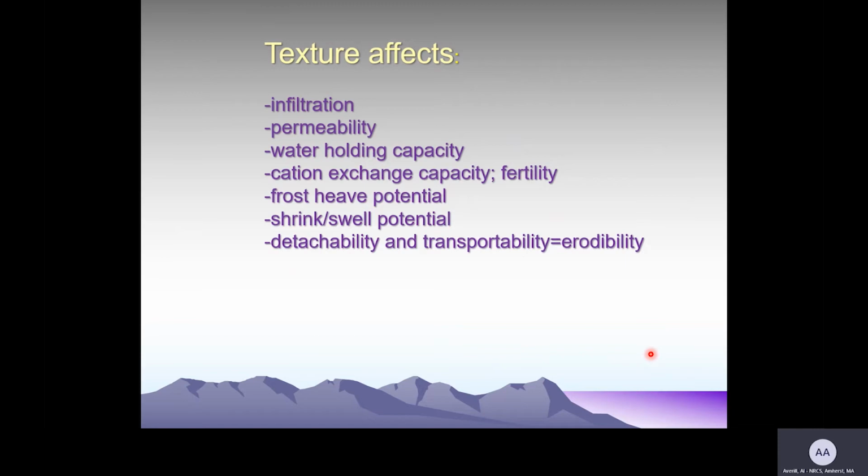Generally speaking, CEC or cation exchange capacity tends to be greater in soils with higher clay content. So it affects fertility, frost heave potential. Soil that's high in silt tends to hold a lot of water, yet the water will move readily upon freezing. So you tend to have frost heave potential in soils that are high in silt.